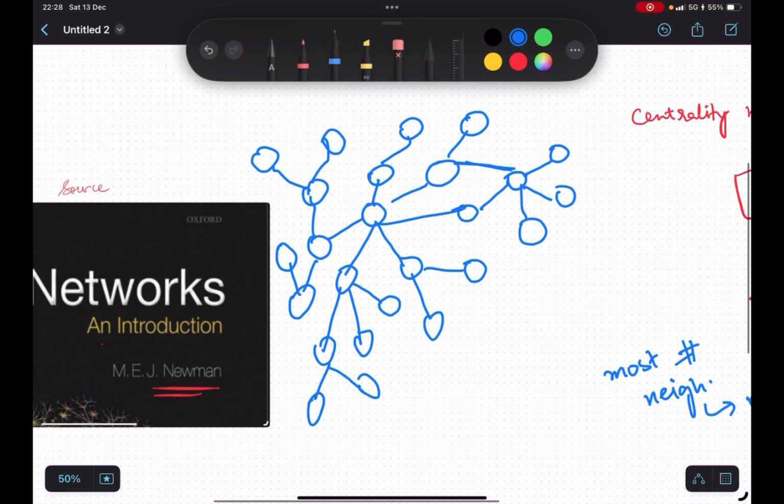In this network, we can say that this node, connected by 1, 2, 3, 4, 5, 6, is connected to 6 nodes, and this is the most important node of this network. This other one is connected to only 5 nodes, so it is less important than this node.